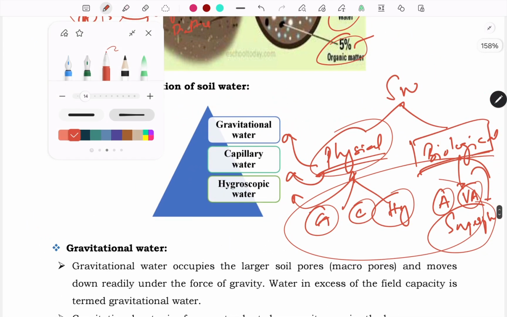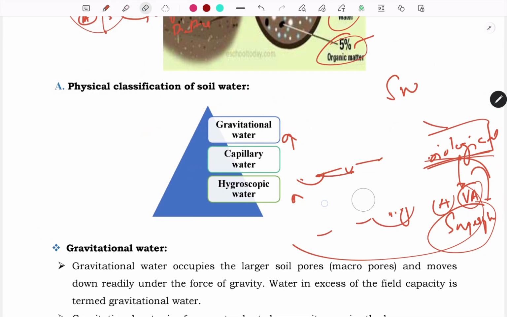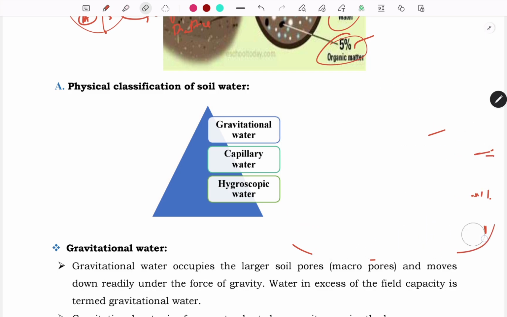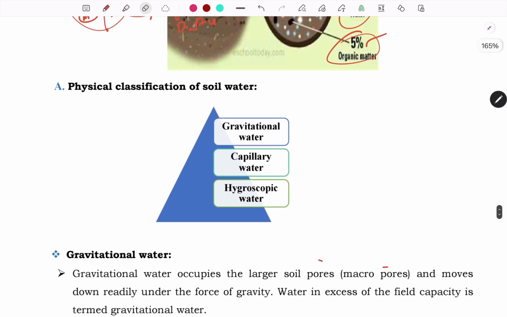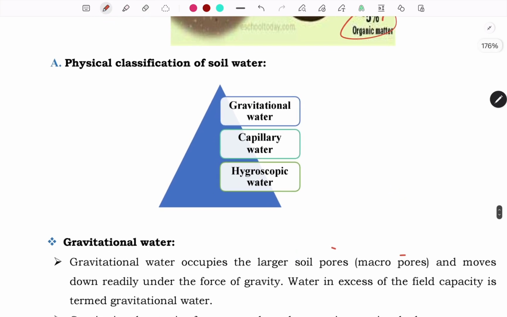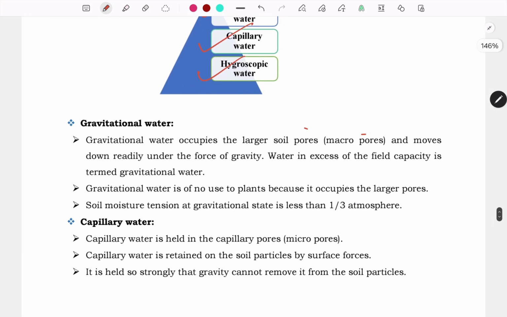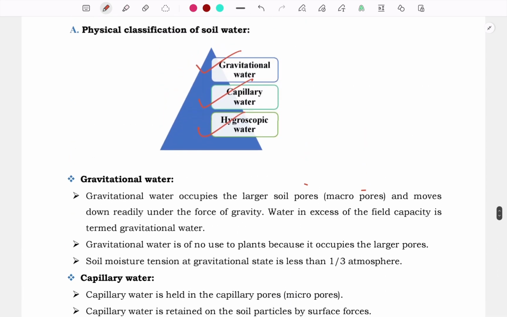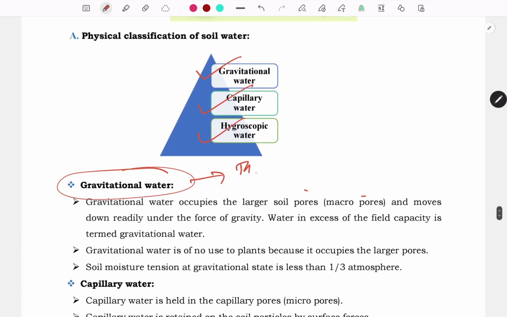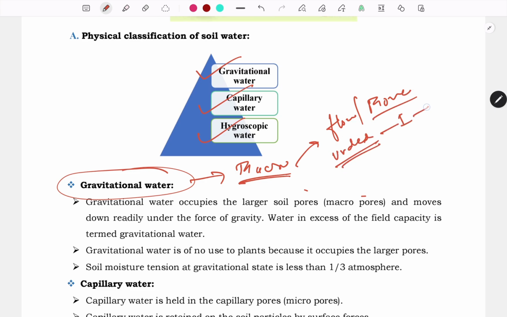So the first one is physical classification: gravitational water, capillary water, and hygroscopic water. By the term gravitational water, you can assume that it is present in macropores, and this water flows or moves under the influence of gravity.